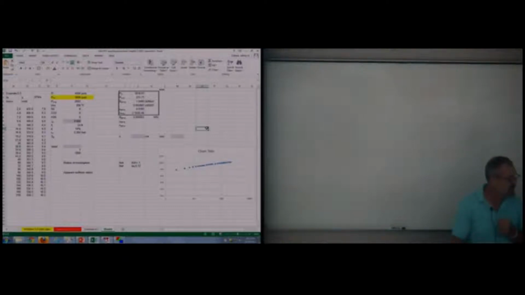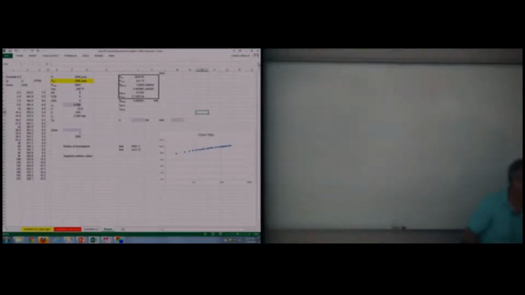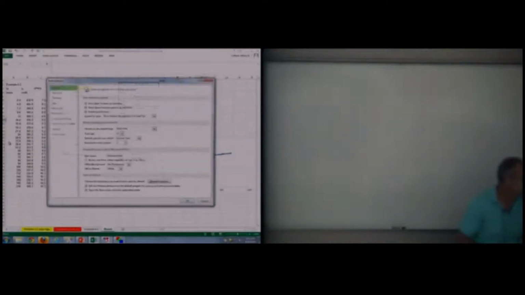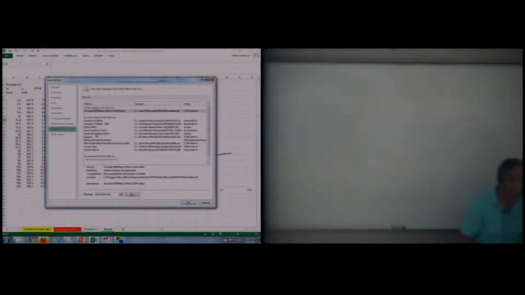Okay, so we've all downloaded Solver, right? How come it doesn't show? Do I have to do this every time I come to class? You guys are going to get good at this. It should be on there under Data.